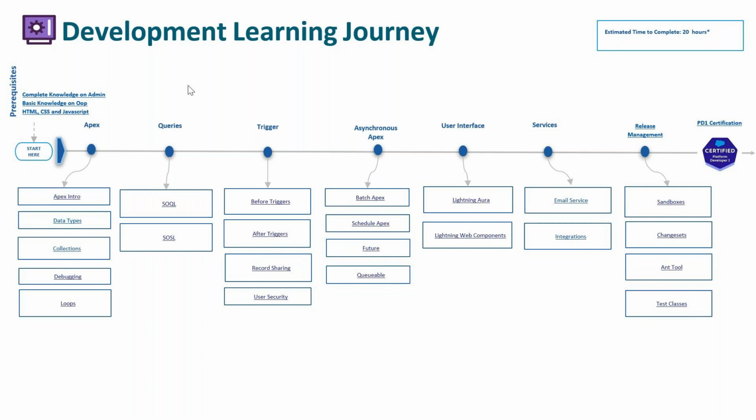So that is where we will go with the development, which means if I know that there is a feature which cannot be resolved in admin, then only I will go with the features of development. Keep in mind, which also means you should be aware of complete admin knowledge, and then you can start your development journey.